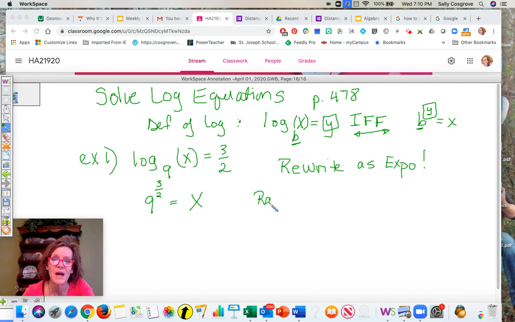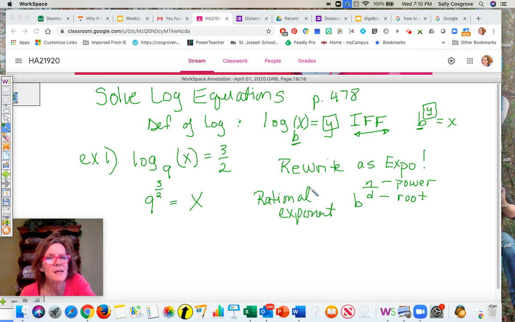When we have a rational exponent, and you will have some of these in this lesson, you've got a base raised to a fraction. So you've got a numerator and a denominator in the fraction. The numerator tells you the power that you raise the base to, and the denominator tells you the root that you take.